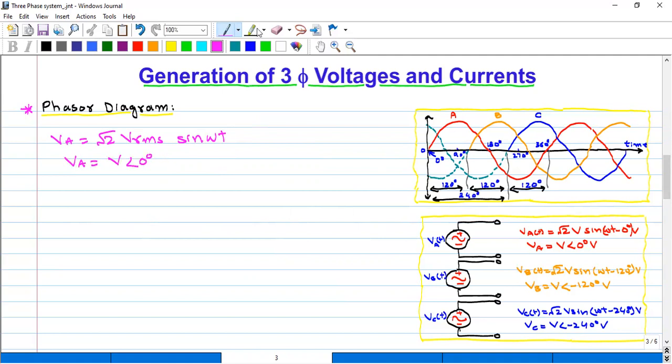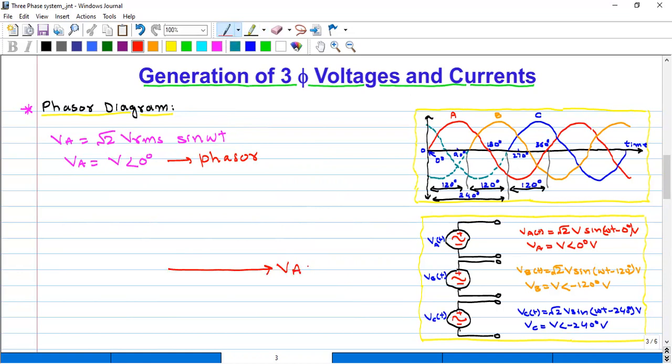So this is the phasor form of phase A voltage. Let V be the reference voltage because the phase angle of this voltage is 0 degree. So that's why this is the reference voltage. This is the 0 degree, and this is the phasor of the VA.